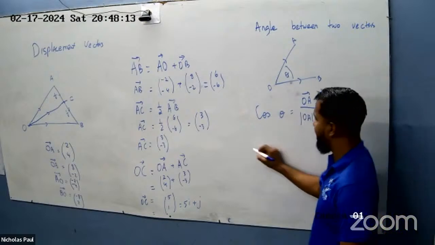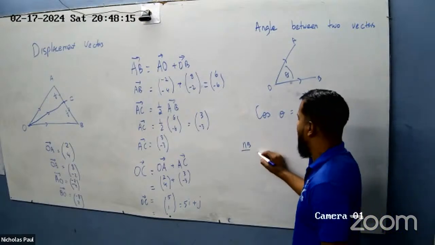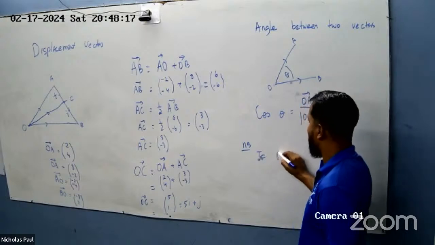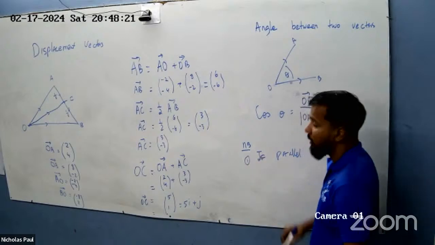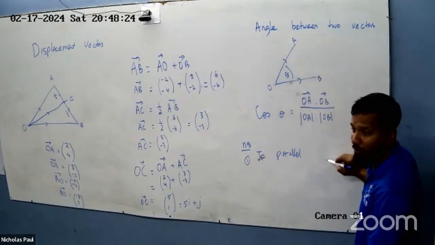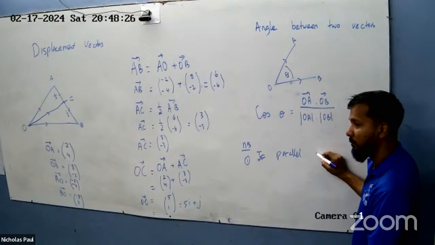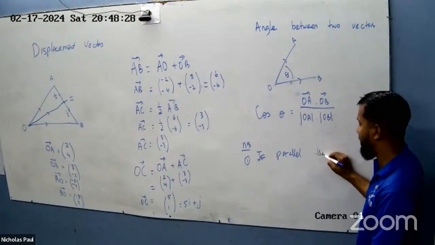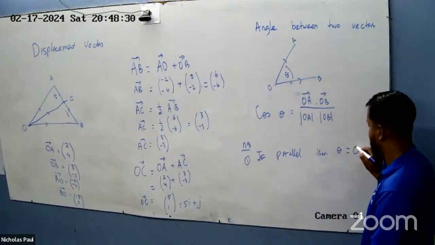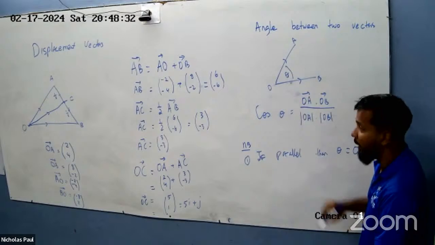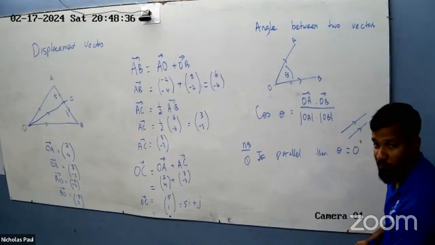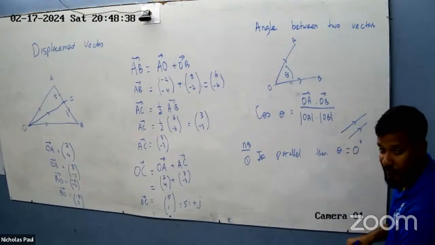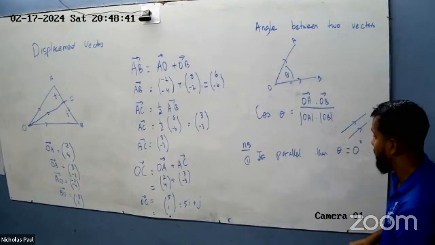And one last thing, we need to note that if the lines are parallel, then theta is how much? Suppose these two lines are parallel, then theta is 0. If these two lines are parallel, the angle between them is 0, right?